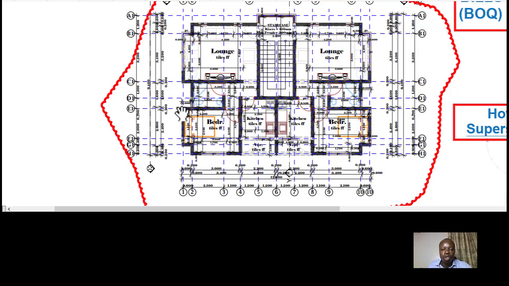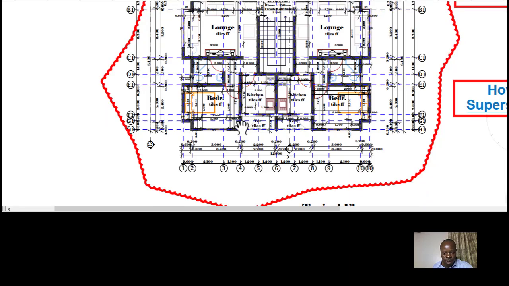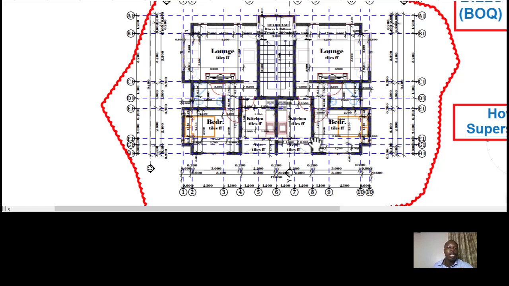Looking at your screen, you will notice that I'm presenting what we call the plan. This is a plan of first to fourth floor, because we are dealing with a house with numerous floors. We have various grids.